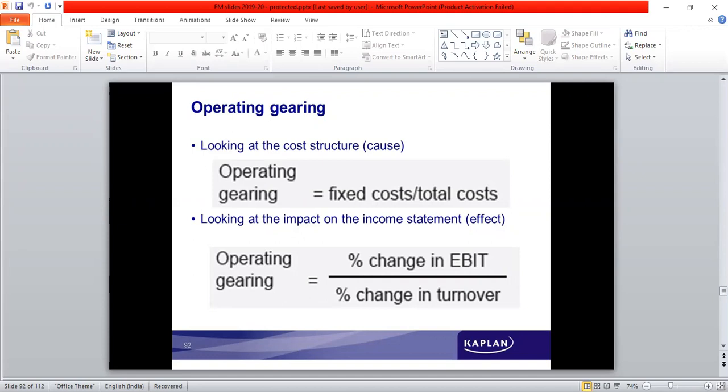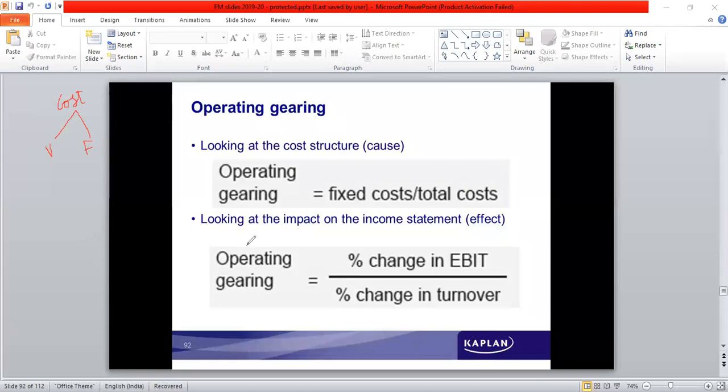In the income statement, if the costs are broadly classified based on the behavior of costs, we see that there are two different types: costs which are variable in nature, and costs which are fixed in nature.